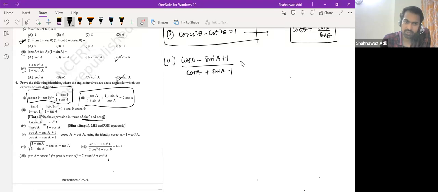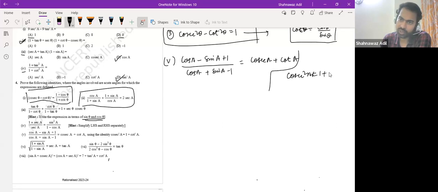We have to prove this is equal to cosec A plus cot A. So this we have to prove, right? And remember we have to use this identity, cosec square A equals 1 plus cot square A.